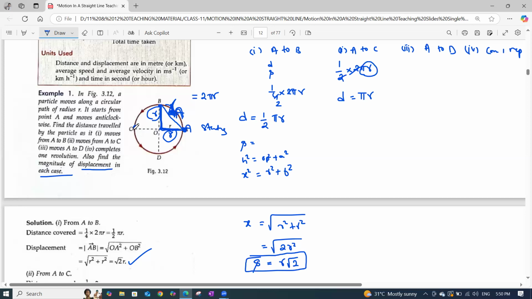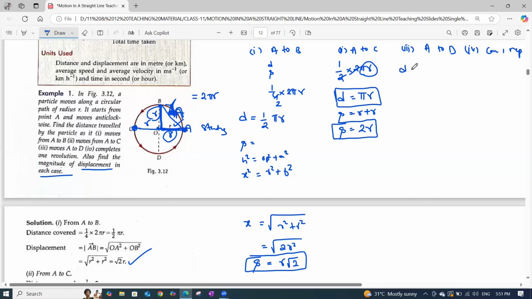A is the initial point, C is the final point. Draw one straight line. From here to the center of the circle, it is r. Again, from the center of the circle to the circumference of the circle, it is r. So displacement will be r plus r, which is nothing but 2r. So pi r is the distance. Displacement is equal to 2r in the case when the particle is moving from A to C.